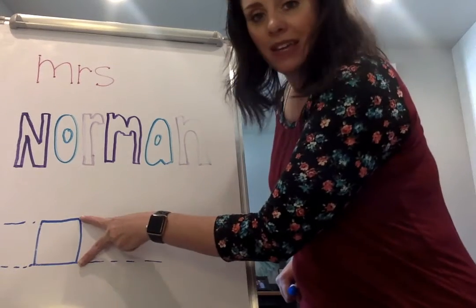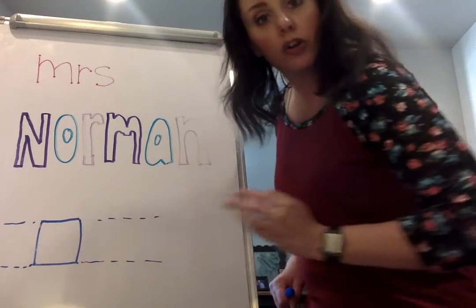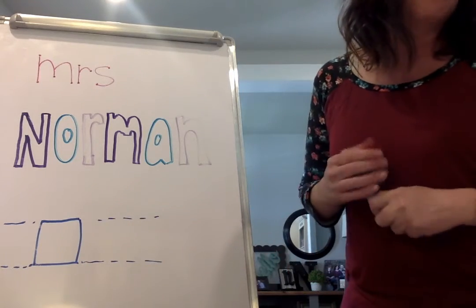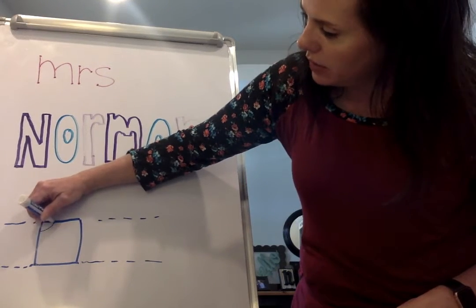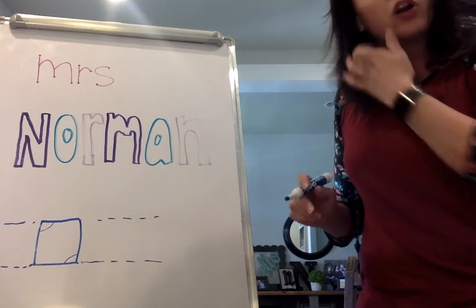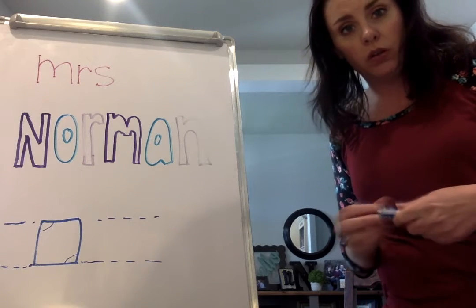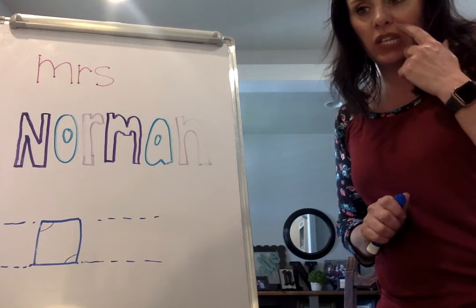They are exact same length in size. And then it says also that opposite angles are congruent. This angle, and then the opposite angle will be right down here. Those are congruent. They're equal. We're not going to talk too much about angles today.